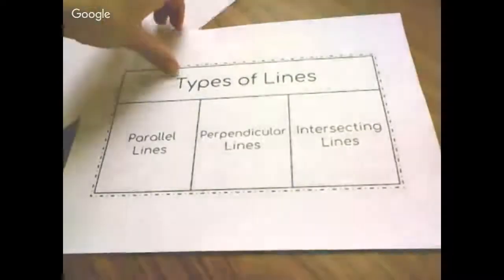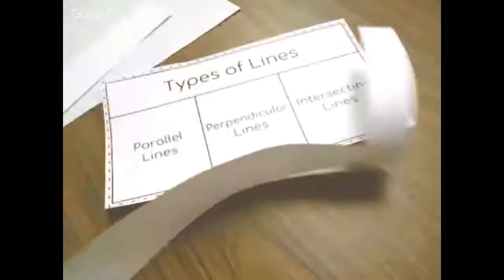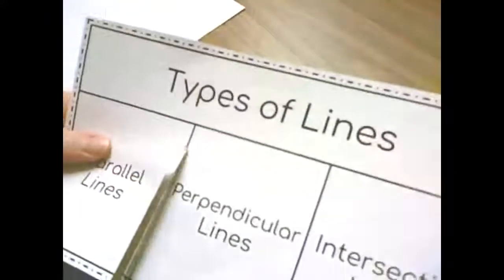So what we're going to do, right around the outside of your foldable, you're going to cut. You can keep the dotted line if you want. And then along these three lines, you're going to cut.